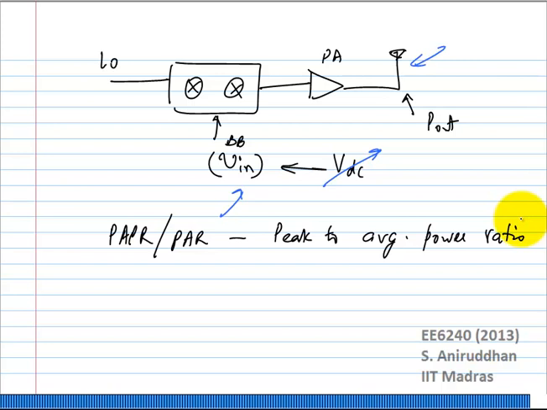So now you need to worry about this peak to average power ratio. And what is the peak to average power for a DC signal? It's 1. Okay? So PAPR of DC is 1, or 0 dB.